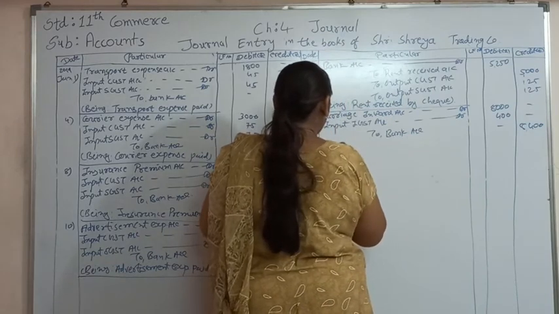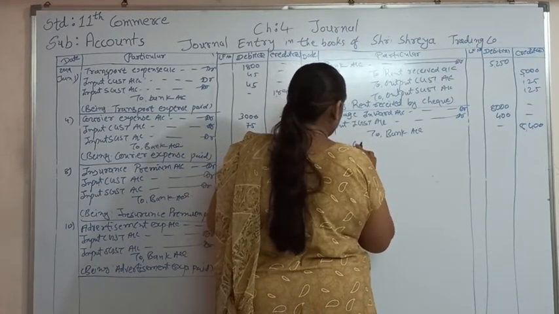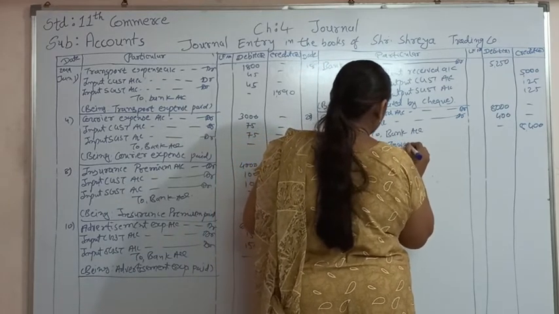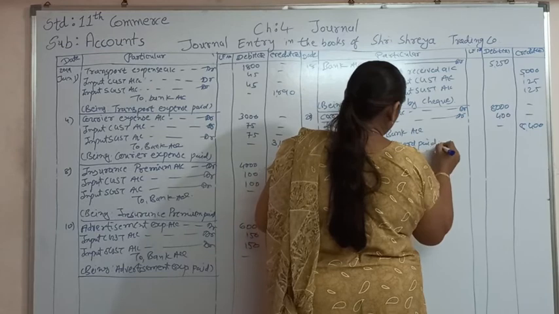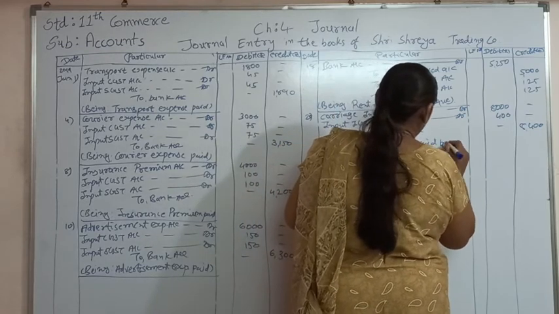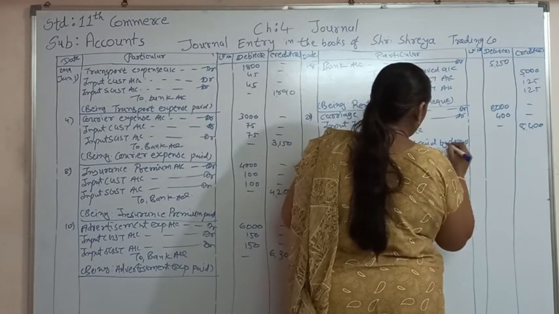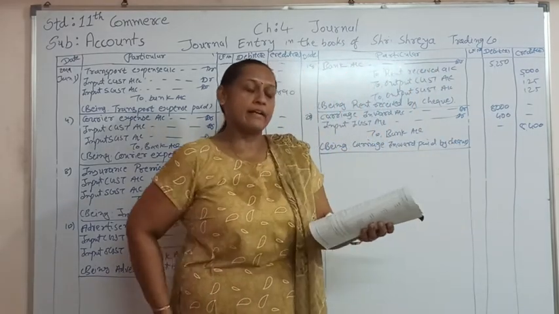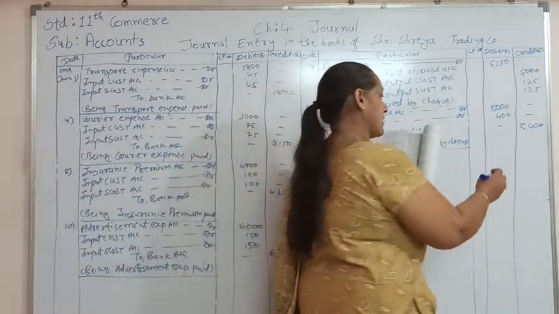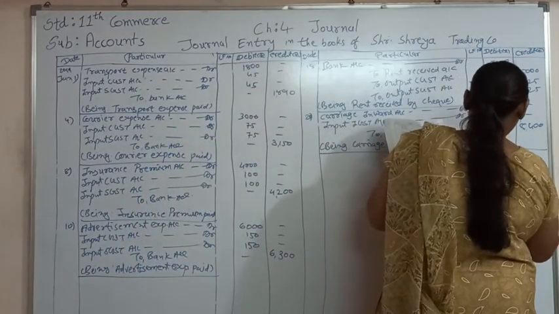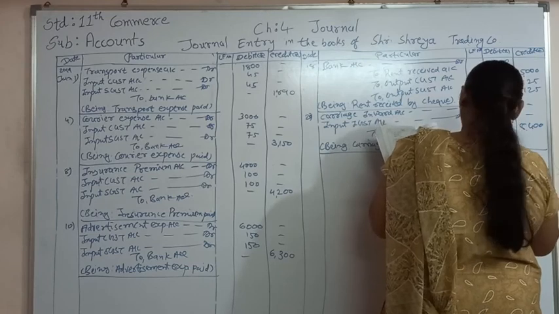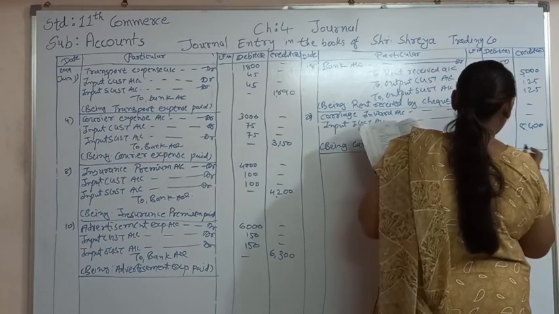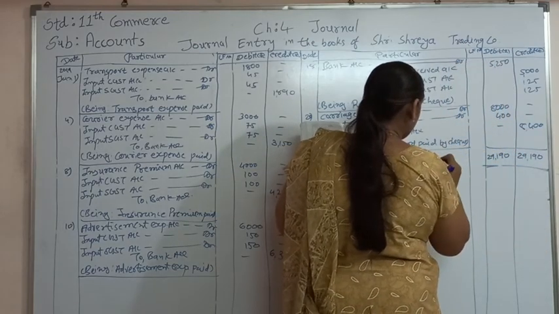Being carriage inward paid by check. So these are the transactions, and now we have to make the total of these. So total of this will be 29,190, and here is the total.